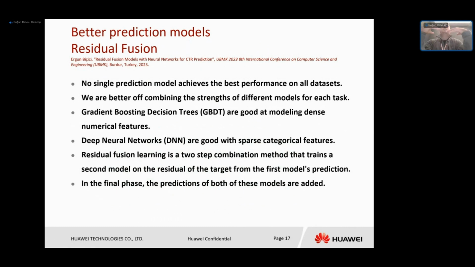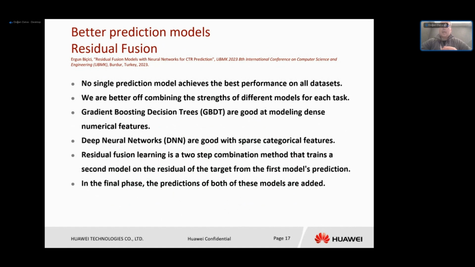And we want to combine the strengths of these models for each task. And we know that gradient boosting decision trees are good at modeling dense numeric features. And deep neural networks are good with sparse categorical features. And residual fusion is a technique that combines both of these models in a two-step way.